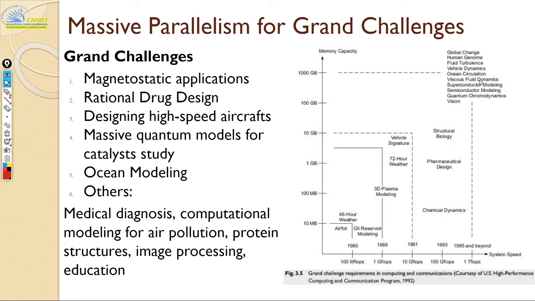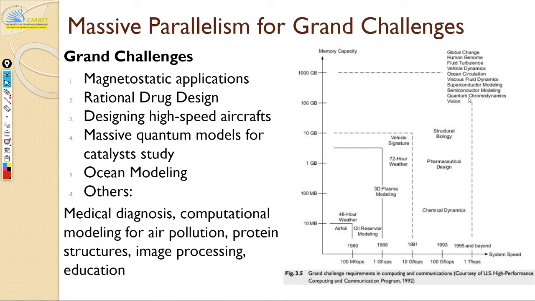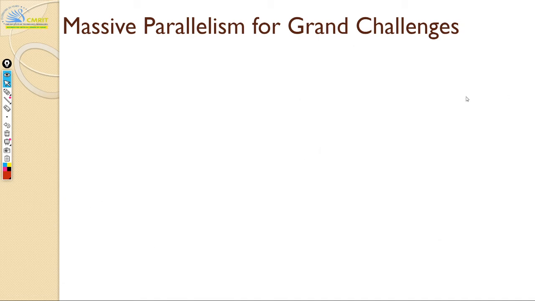You need teraflops, and this teraflops figure is from 1992. Okay, and we have crossed teraflops. We are in the petaflops region, like 10 to the power 15 floating point operations per second, and we are moving towards exaflops. Exaflops is 10 to the power 18 floating point operations per second. So it has actually grown big.